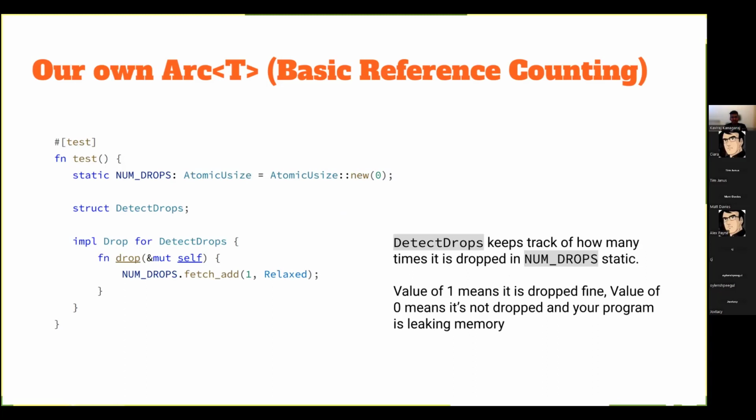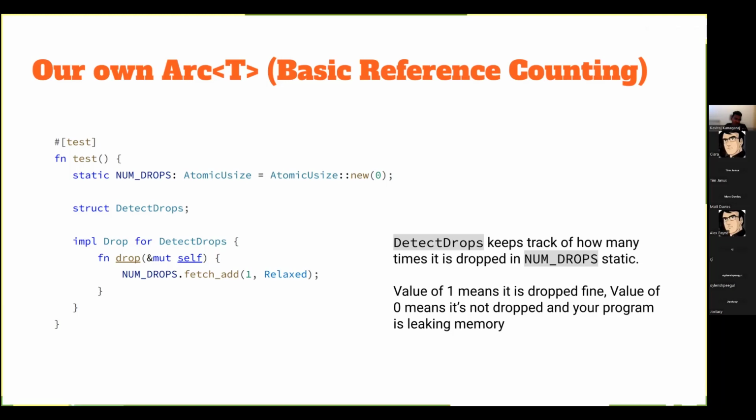We have a basic reference counting ready, and it's time to test it. So what's the goal here, right? Let's take a step back and understand what the expectation of Arc is. We have some data on the heap, and it has to be deallocated only once, when everyone is done with it.